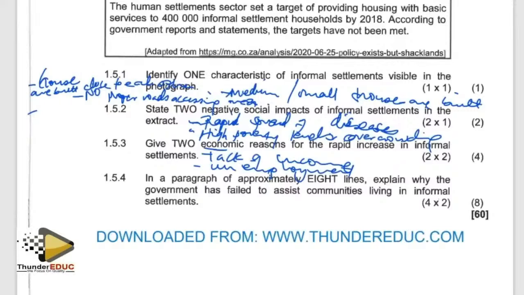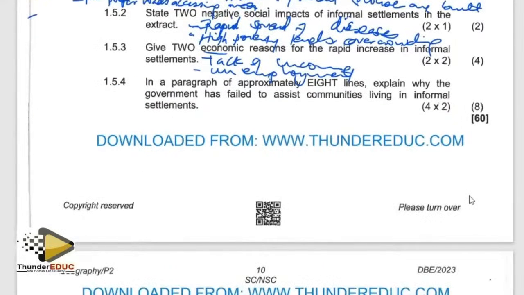And the last section under question one is in the paragraph of approximately 8 lines. Explain why the government has failed to assist the communities living in informal settlement. Remember, learners, you write this in a paragraph, but I'll outline them for you. However, the points you're writing in a paragraph should make sense.